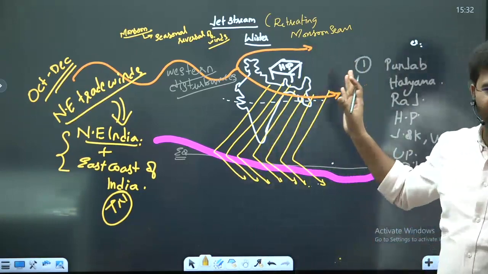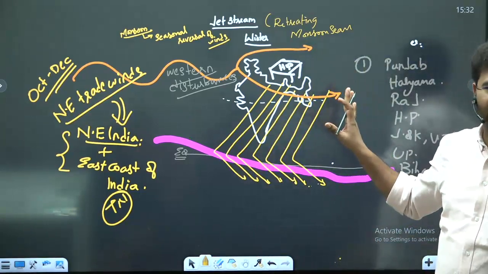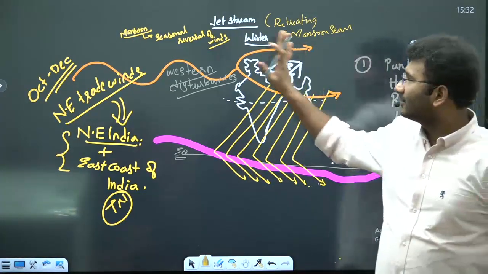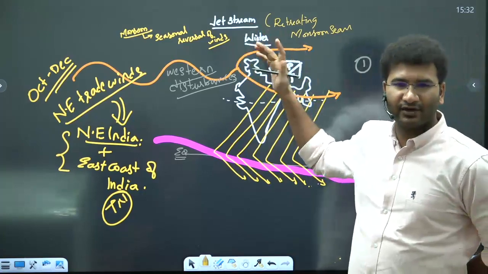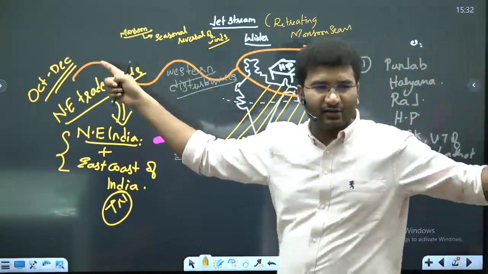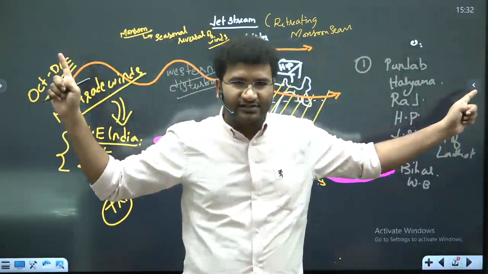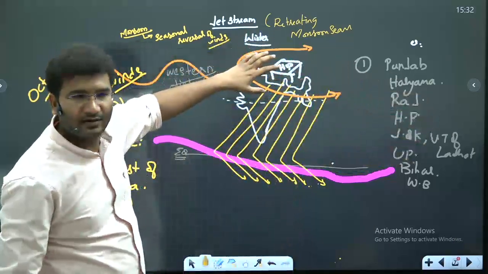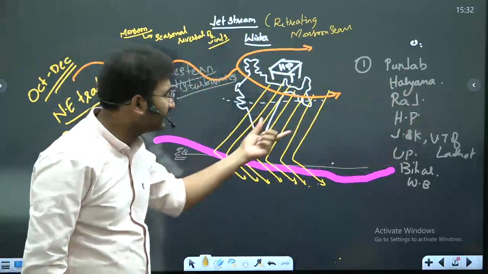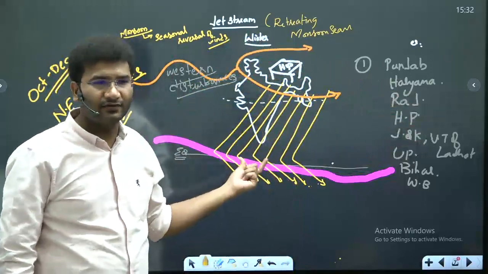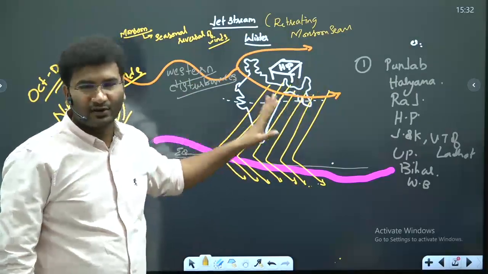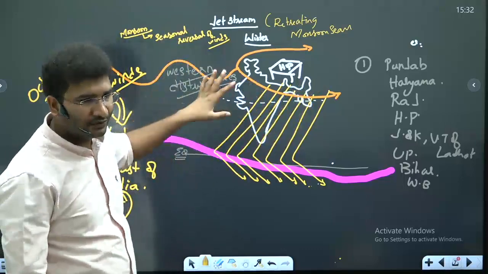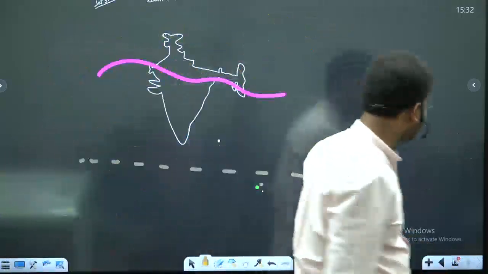I'll tell you the reasons why you have all of these rainfalls, right? So that means in winter the rainfall is because of the western disturbances and also because of the northeast monsoon season. Half of northwest India and the northern part of India receives rain because of western disturbances, and the rest of India has rainfall because of the northeast monsoon, northeast trade winds, right? This is your winter. Now come to the summer.